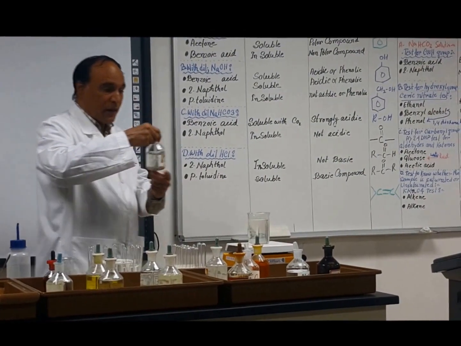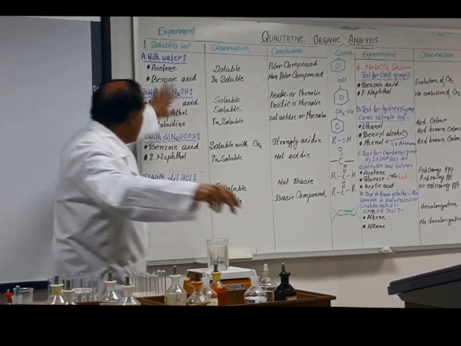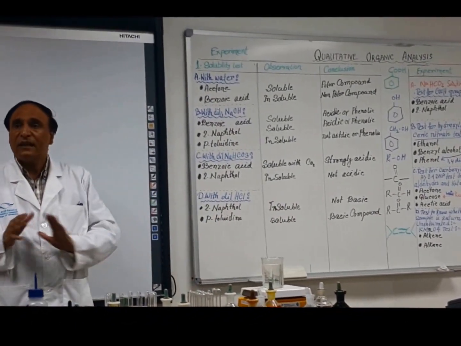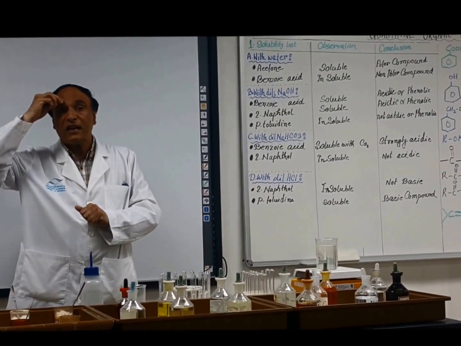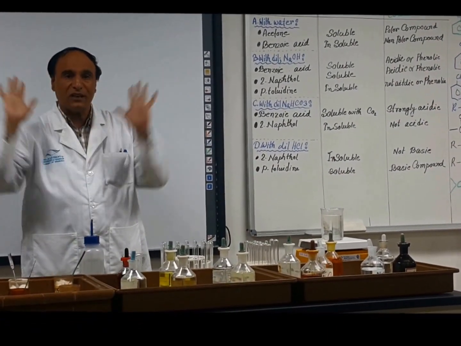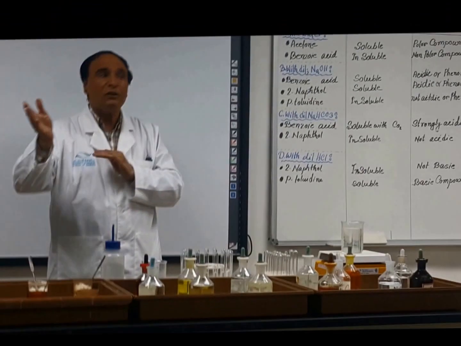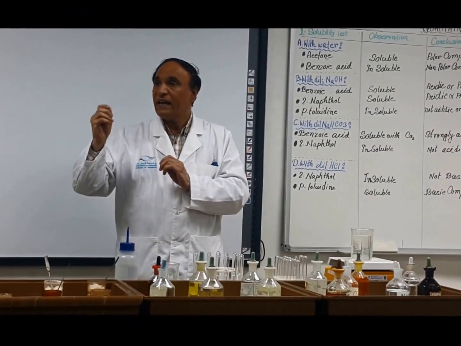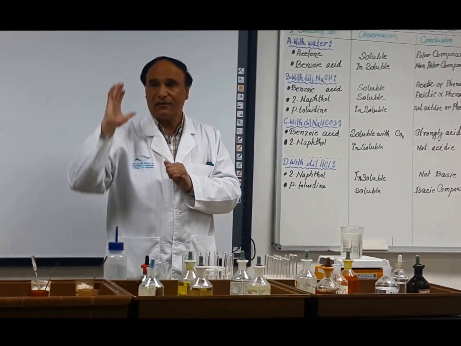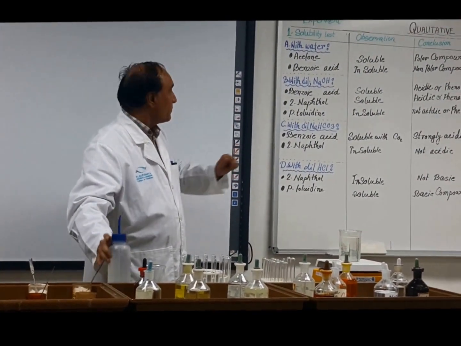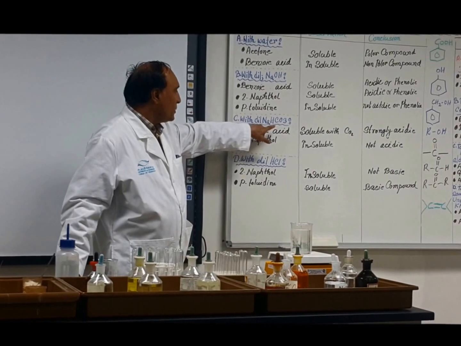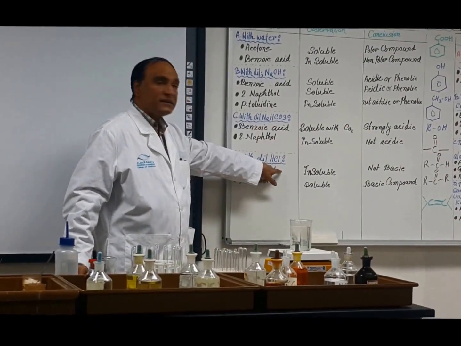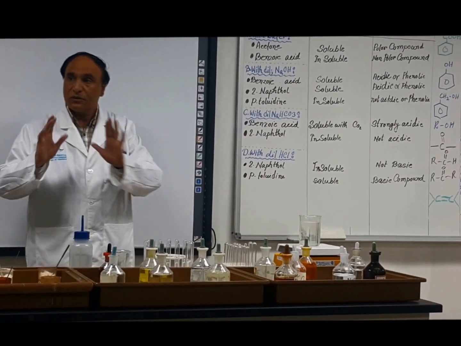So I will show you these tests today. There are so many solvents, a big list of solvents. Because you are doing it for the first time, you never did it before, I have selected a few of the solvents, like water, sodium hydroxide, sodium hydrogen carbonate and HCl, only a few.